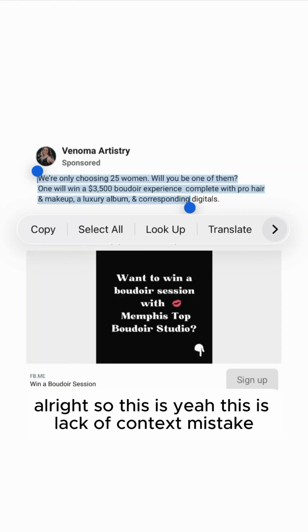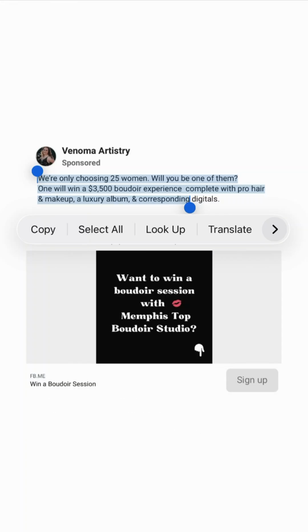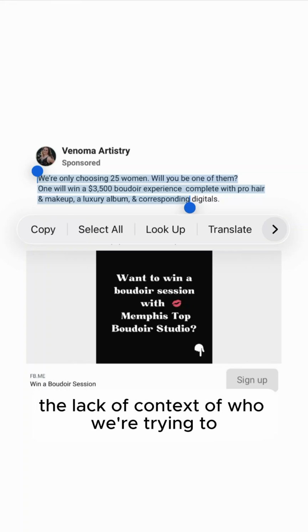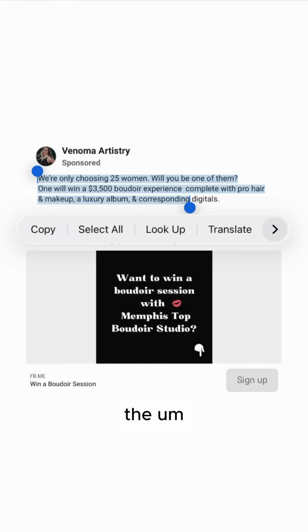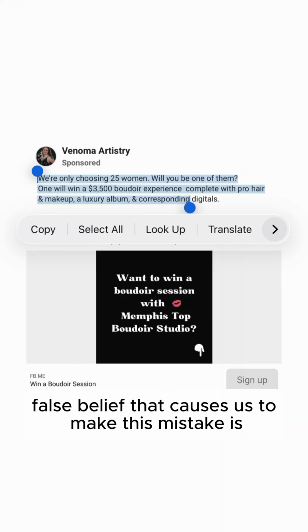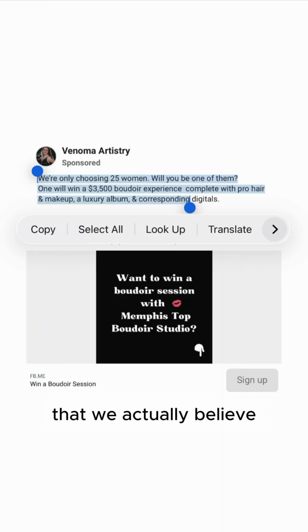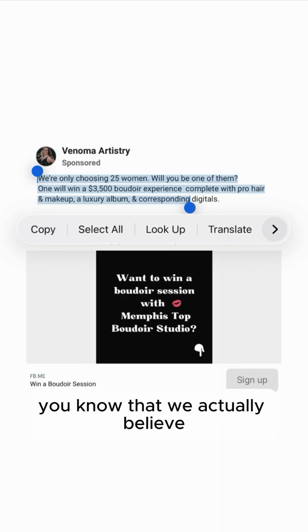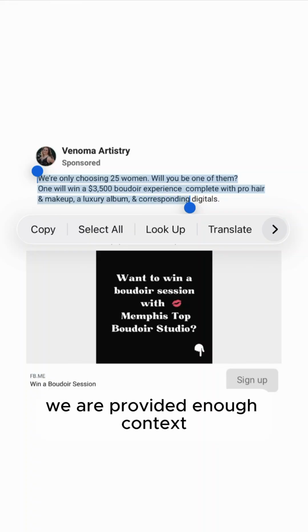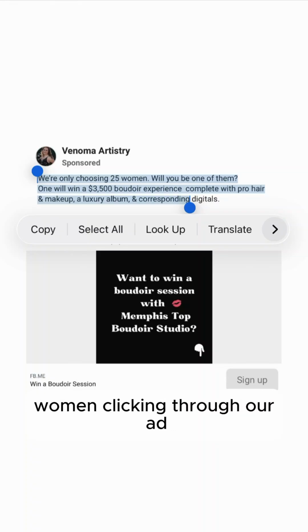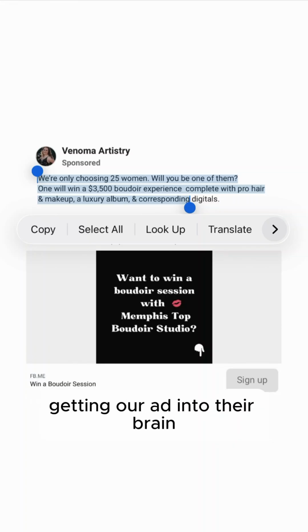All right, so this is a lack of context mistake. The false belief is that we're providing enough context about who we're actually speaking to. We believe we are providing enough context to maximize the amount of correct women clicking through our ad, clicking somewhere on our ad, getting our ad into their brain.